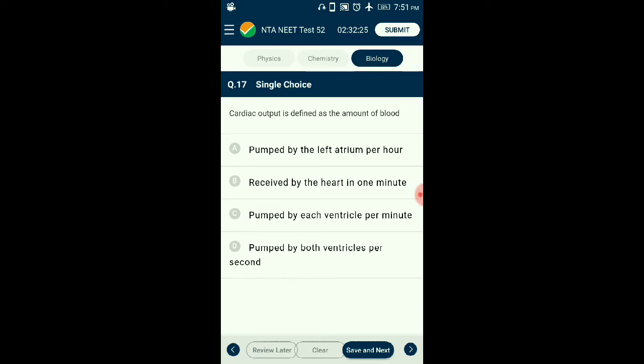Thus the stroke volume, which means the volume pumped out by each ventricle in one cardiac cycle, multiplied by heart rate gives us cardiac output. Thus the cardiac output is the amount of blood pumped out by each ventricle per minute. It is around 5 liters or 5000 ml in a healthy individual. So the answer is option C, pumped by each ventricle.